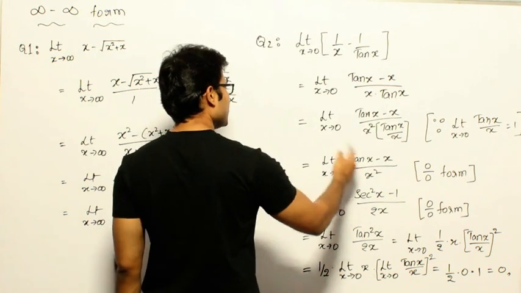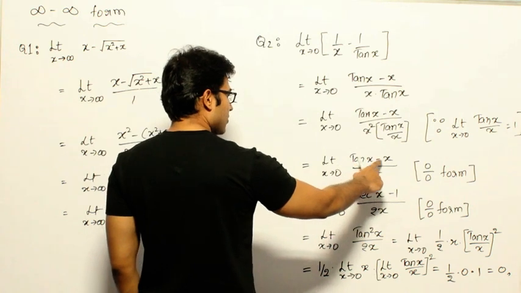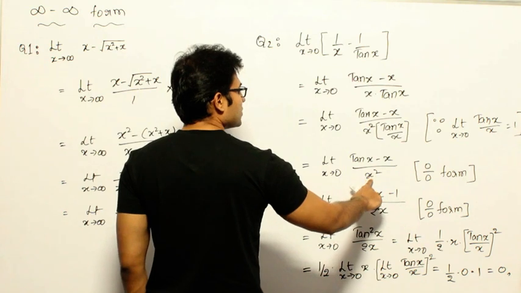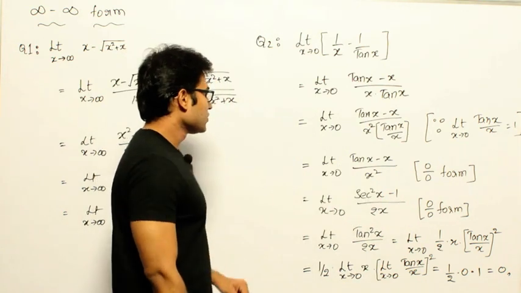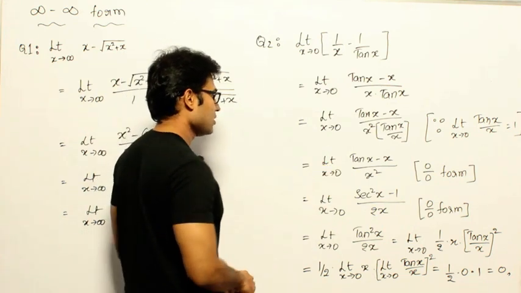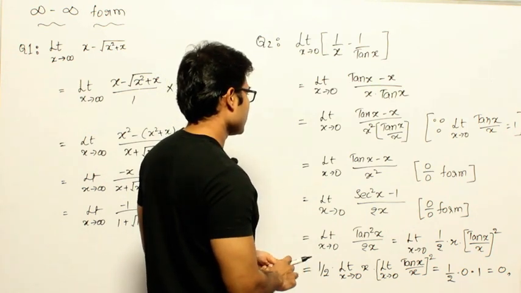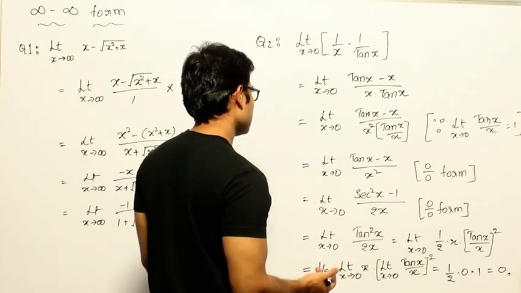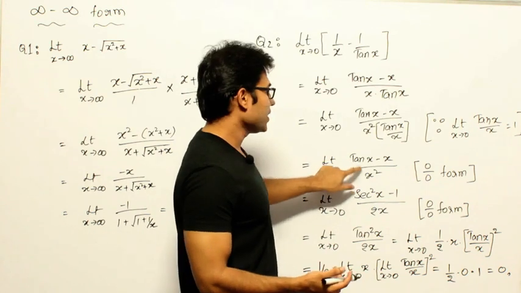Again, if you substitute limit x tends to 0 here, I am going to get 0, tan x is 0, minus x again 0, which means 0 divided by x square, again 0. Therefore it is again in 0 by 0 form, right? Since it is 0 by 0 form, you can apply L'Hospital rule.